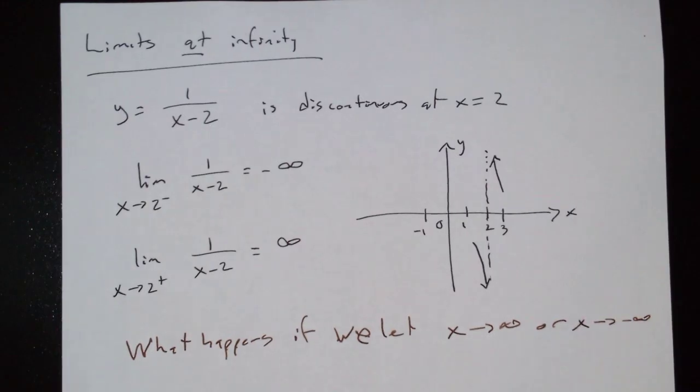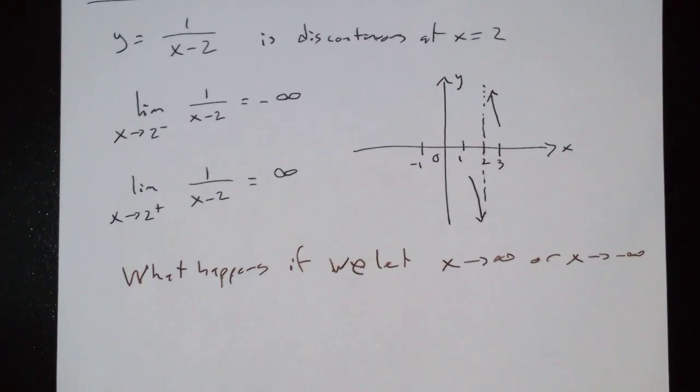Whether I am going to the right without bound or the left without bound, I should still be able to try and ask this same question. What happens to the y value if I think of x as going off to the right? And just keep going, or to the left, and just... We're going to play Buzz Lightyear to infinity and beyond. What happens?